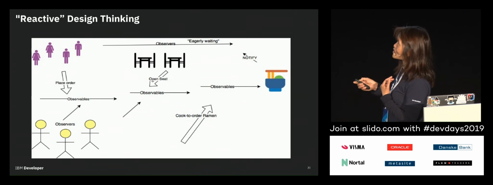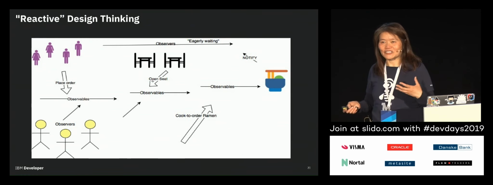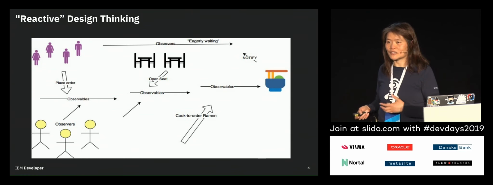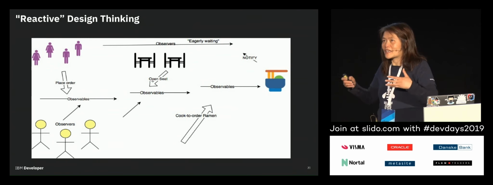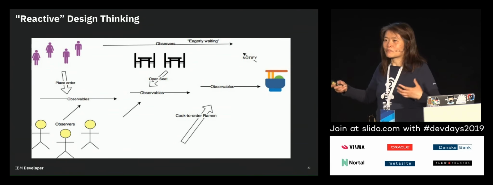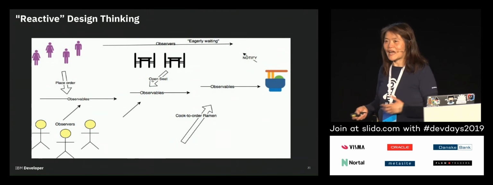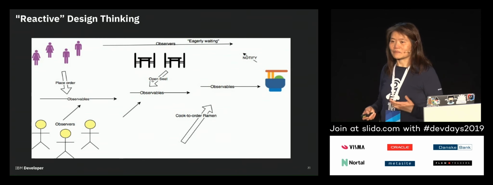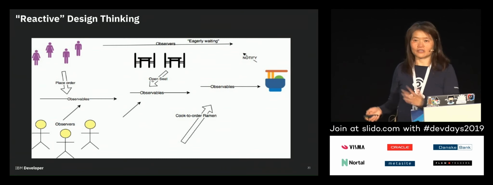This is not real life, but it illustrates that we can employ a reactive programming style to develop this system, because it relieves us of having to wait. Things become non-blocking rather than blocking. That's an example I just wanted to share.